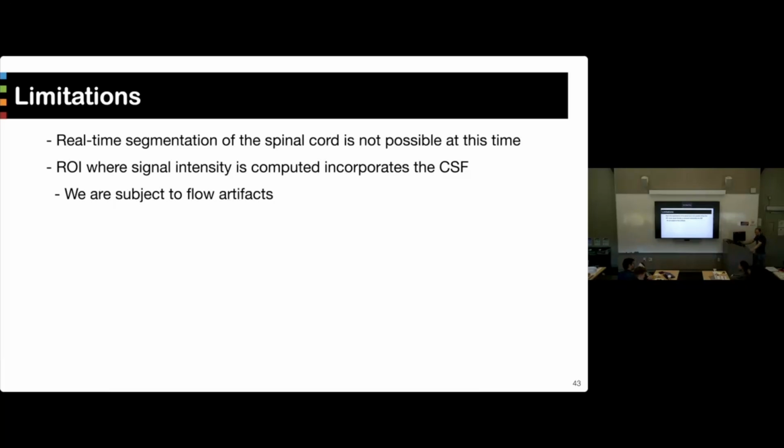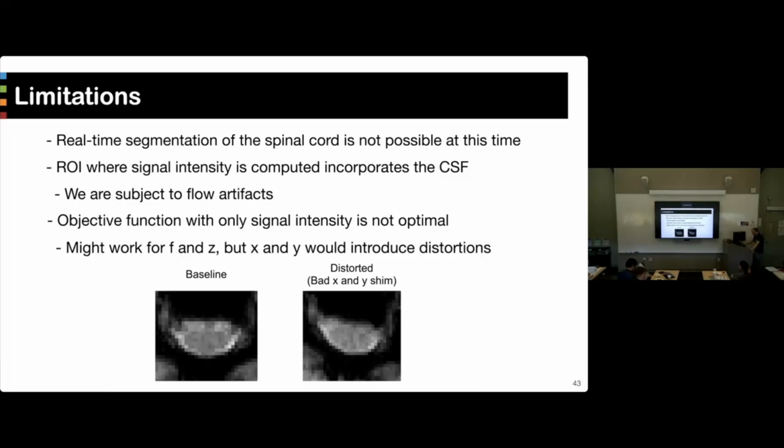Your optimization thinks that this is really your best shim, but what was actually happening is just a flow artifact. Same thing for a hypointense artifact. An objective function with only signal intensity is not optimal. It's fine mostly for F and Z. But if you add X and Y, how is your optimization going to know if you have a distorted cord or if it's just the signal intensity? So there's some more work to do there.